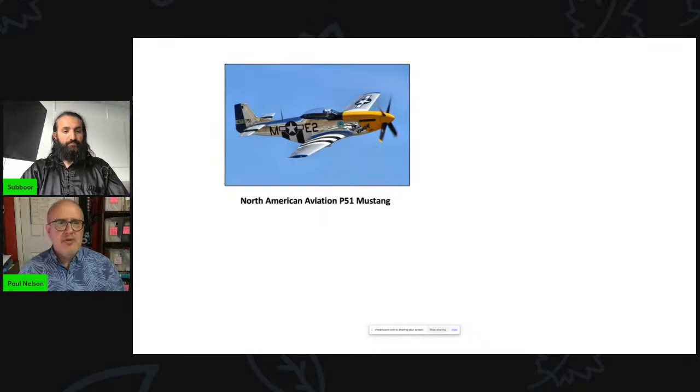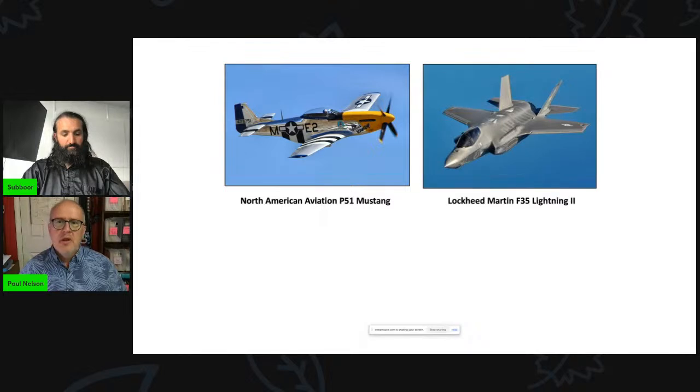There is the P-51 fighter, a military aircraft widely used during the Second World War, roughly the second half of the Second World War, and then into the Korean War, an American fighter plane. Here is the F-35, the latest generation of American fighter planes.